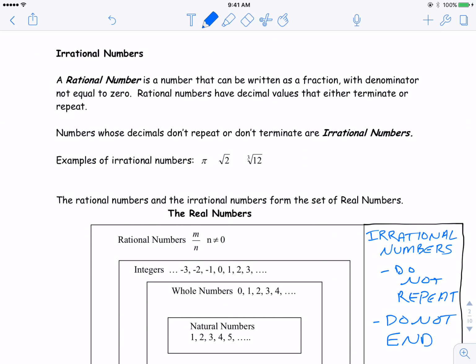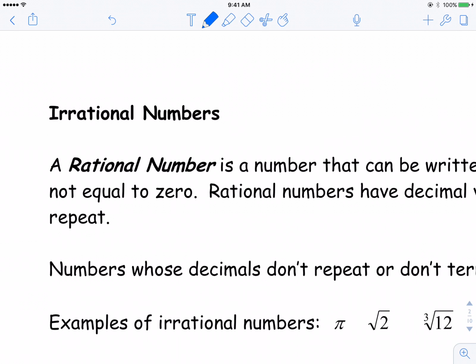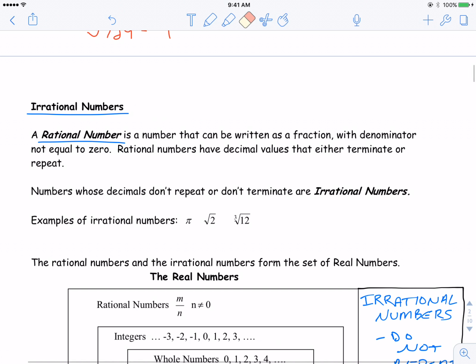So remember that our number system is divided into two parts, irrational numbers and rational numbers. A rational number is a number that can be written as a fraction with a denominator not equal to 0. Rational numbers have decimal values that either terminate or repeat.